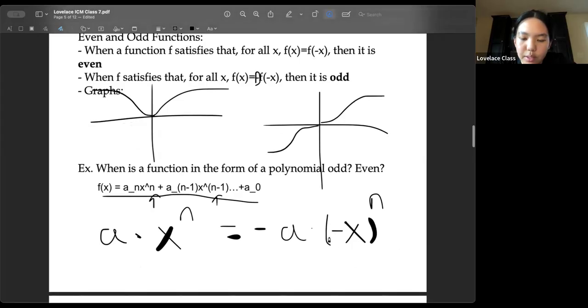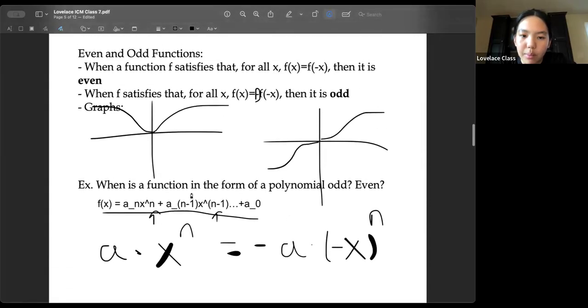So for this to be true, we must have this negative somehow be able to come out and cancel with the negative in front. This means that n must be odd. So a polynomial function is odd when all of the exponents, in all of the terms, are odd.